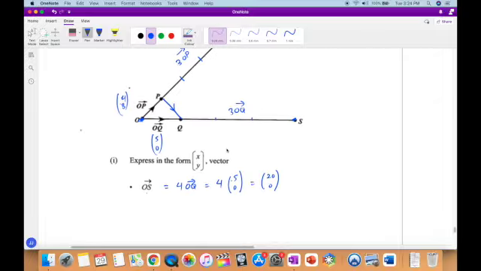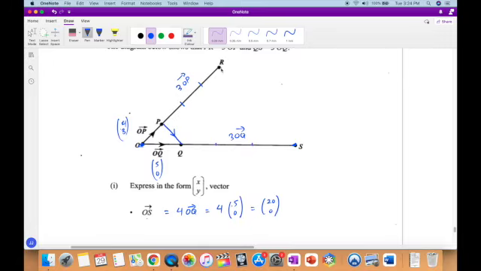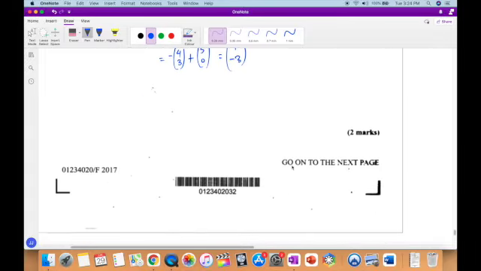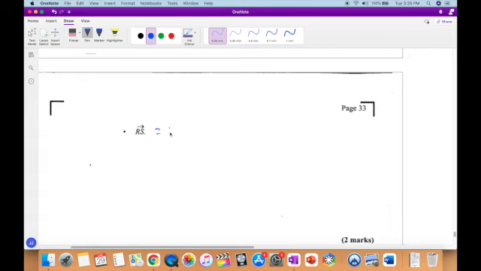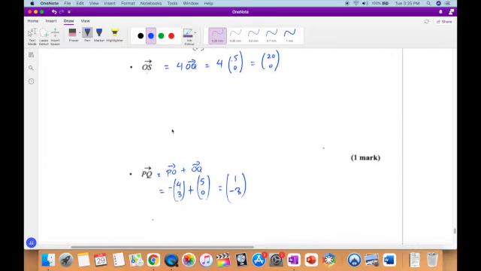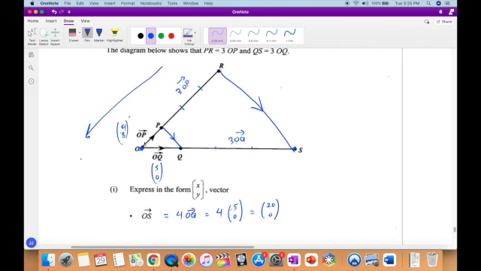RS. R to S is here. So in order to get from R to S, I could go RO plus OS. So RS is equal to RO plus OS. RO is 4 times OP, and remember that's negative. So RO is negative 4 times OP, because we can see here we're going in the opposite direction. OP goes this way.